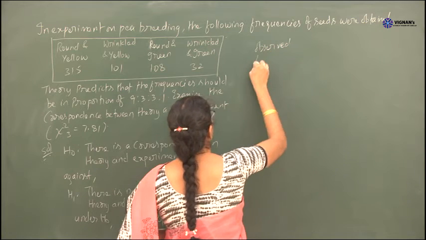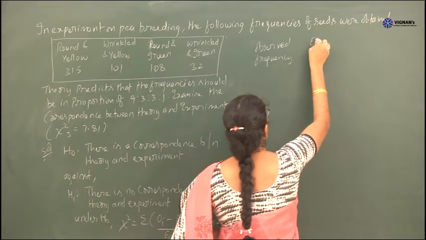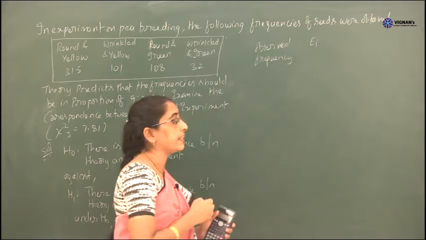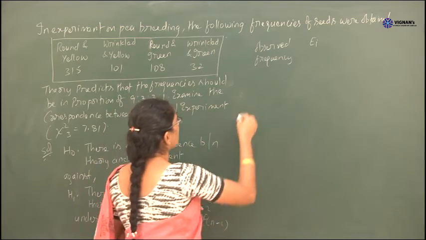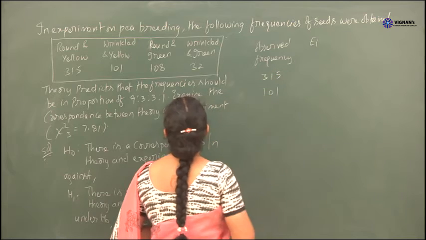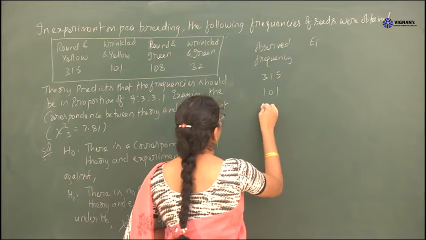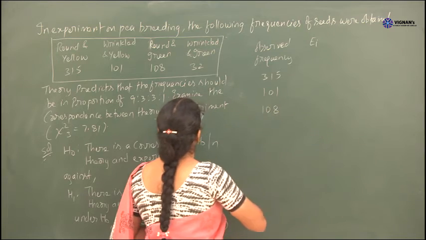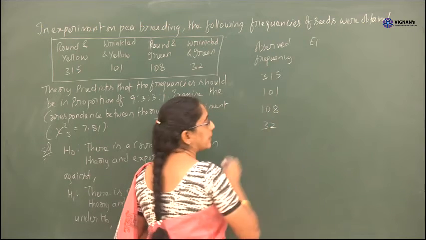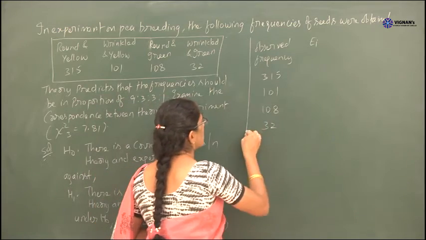Observed frequency, and expected is denoted by Ei. The observed frequencies are round and yellow 315, wrinkled and yellow 101, round and green 108, and wrinkled and green 32. Now we have to calculate the expected frequencies.